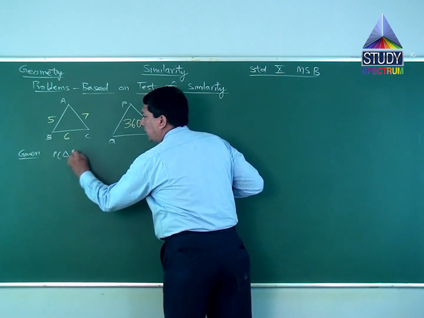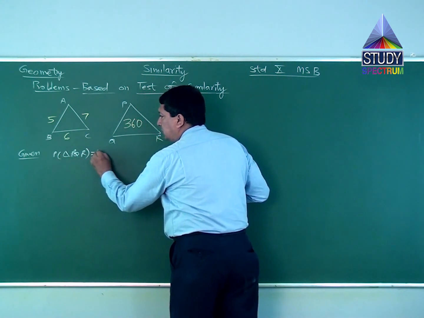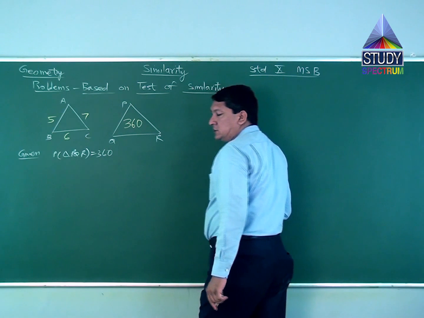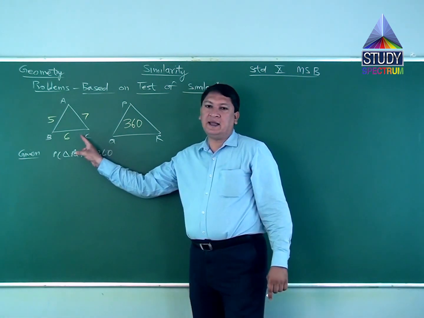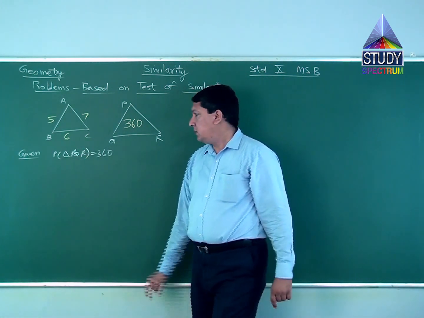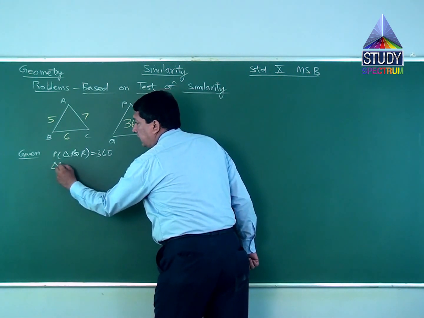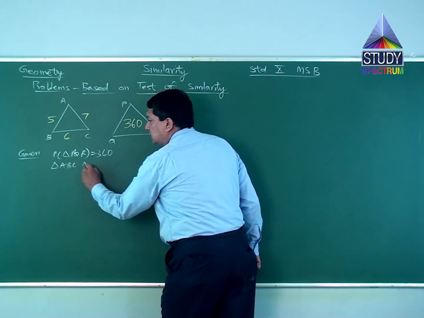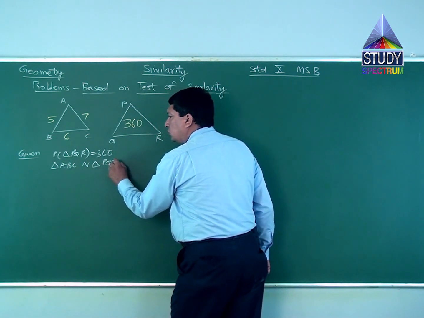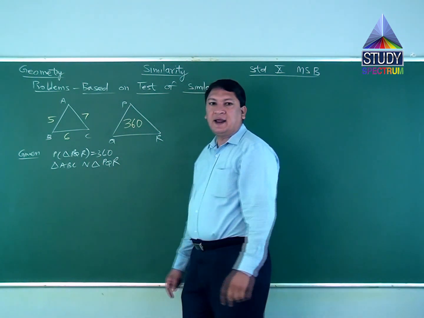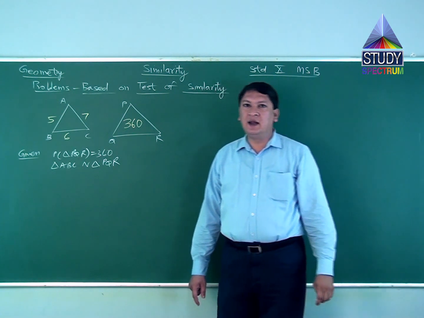Also, it is given to us that triangle ABC is similar to triangle PQR.